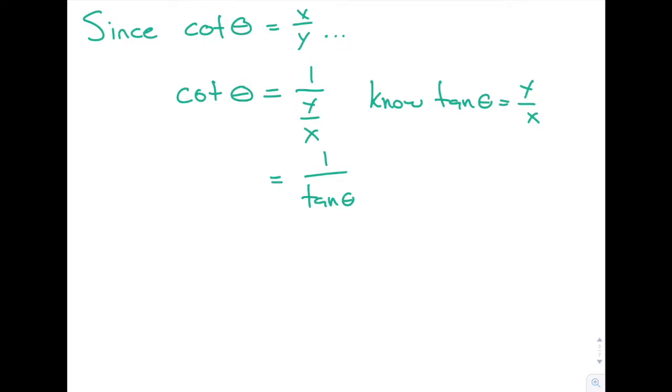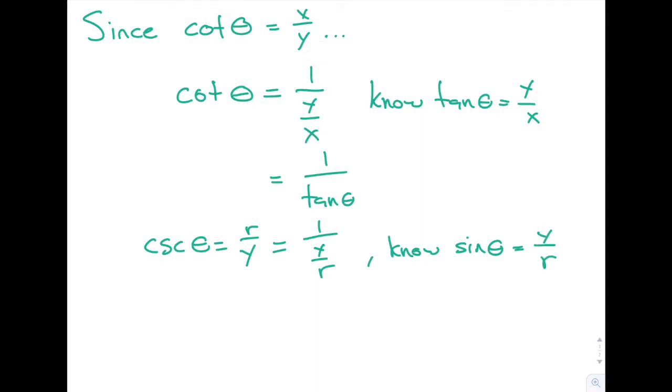Now, just to do one more, since we know that cosecant theta equals r over y, this equals 1 over y over r, and then since we know that sine theta equals y over r, we can say that cosecant theta equals 1 over sine theta. So all of the same reciprocal identities hold true for angles theta with these trigonometric functions.